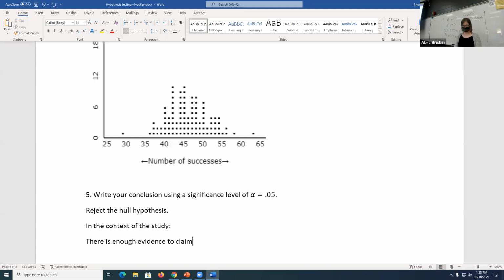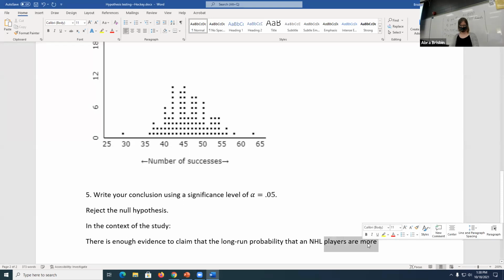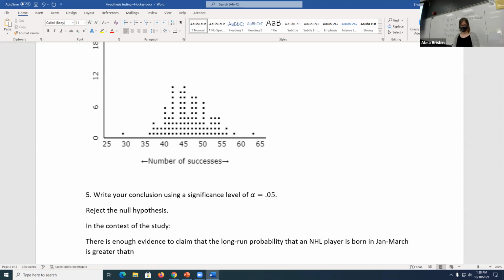So there is enough evidence to claim that the probability that an NHL player is born in January through March is greater than 1/4.